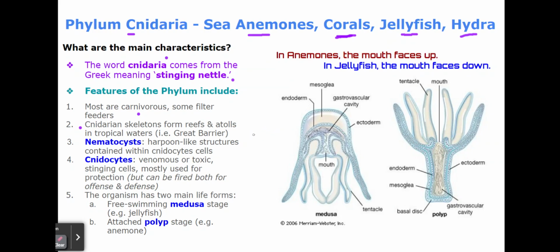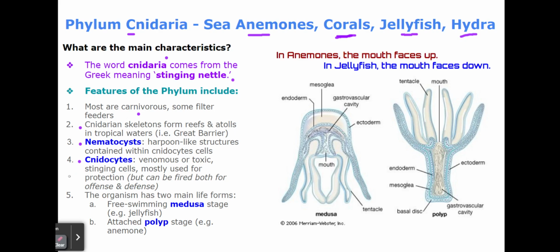All members of the phylum Cnidaria have nematocysts. These are harpoon-like structures contained within cnidocyte cells. What are cnidocyte cells?